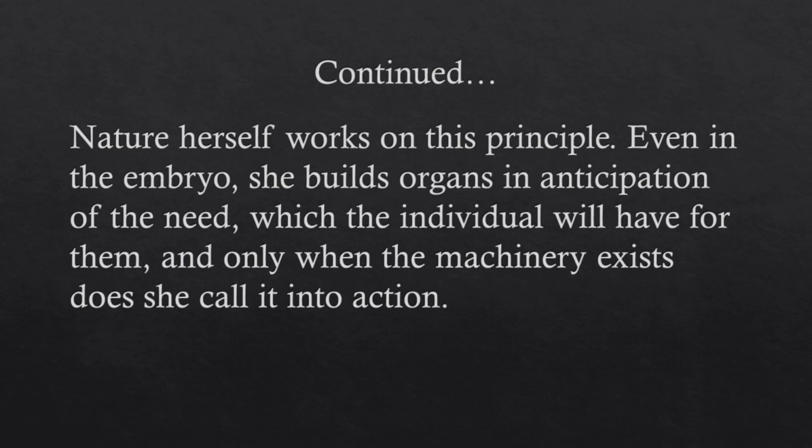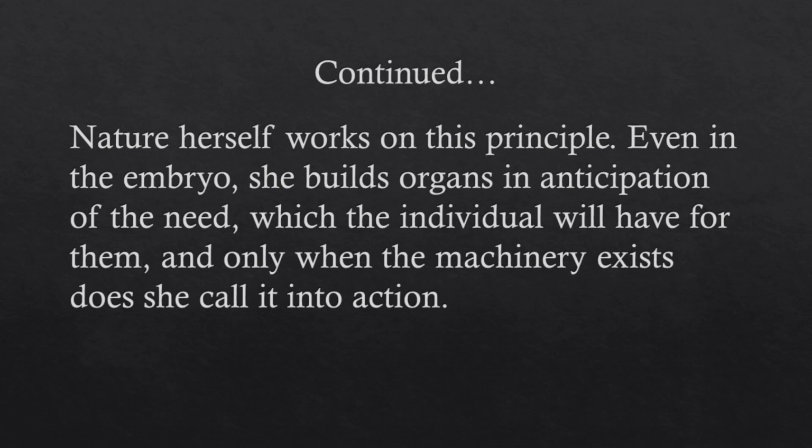Now, if you're confused about what this means, we covered this in earlier chapters. When we were talking about the embryo and the formation of the child inside the womb, we really talked about how all these organs are being built. Even after birth, the organs are still growing and developing.